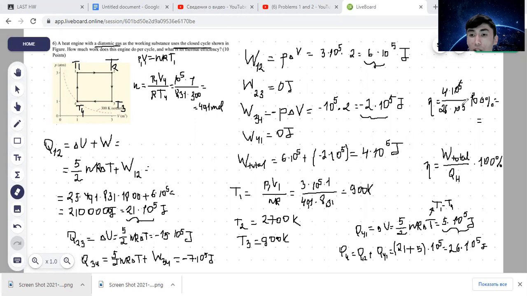So here these numbers cancel, and 4 divided by 26 is approximately 0.15, and we multiply this by 100 percent. In percent it will be 15%. So we found the answer for the last question. Thank you for your attention.